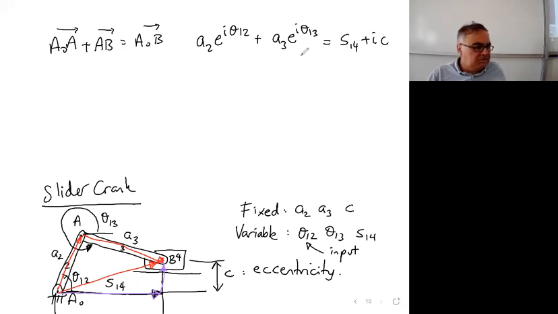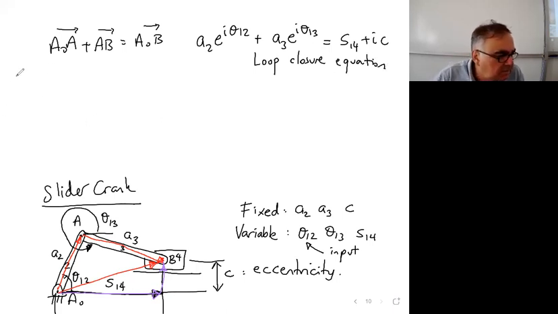So this is basically our loop closure equation. Okay, so this is our loop closure. We can now write it as divided into real and imaginary parts. Let me skip the details and write the real and imaginary parts.